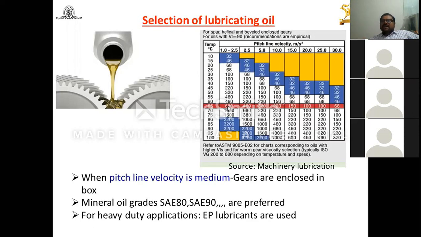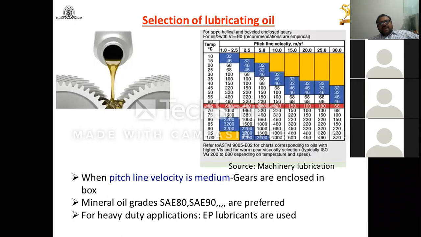Again, there are other empirical relations in terms of temperature and viscosity or viscosity index of oil which are available. By referring to those empirical relations, you can select the lubricating oil, whichever viscosity is required for your application. Accordingly, you can select the viscosity index, and from the viscosity index, you can select the lubricating oil.